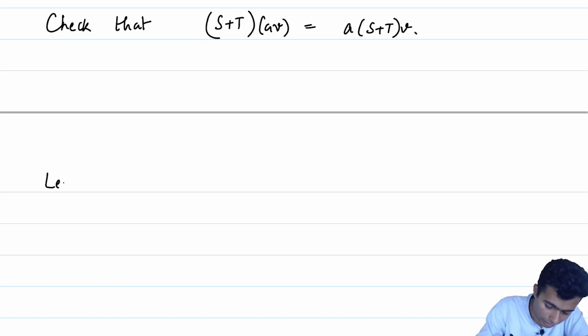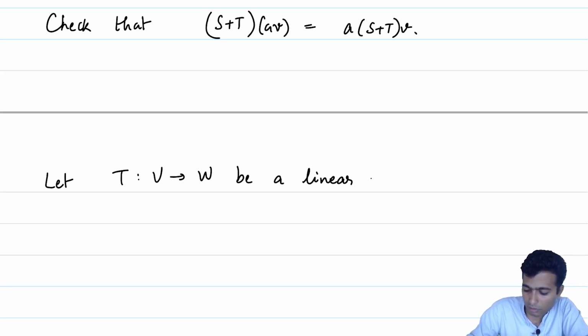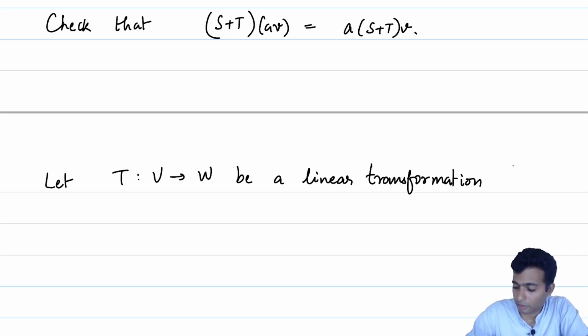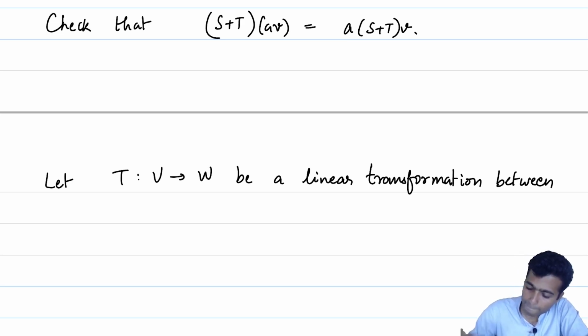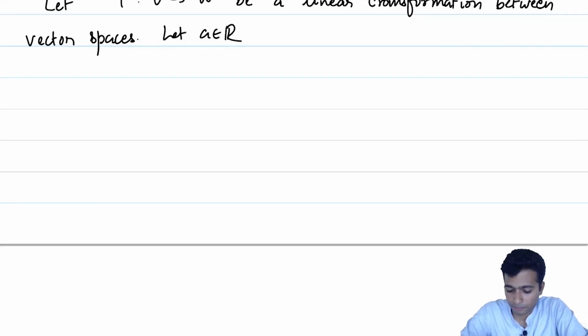So let T from V to W be a linear transformation between vector spaces, and as usual our vector spaces are always real vector spaces here in this course. Now, let a be a scalar, a real number.